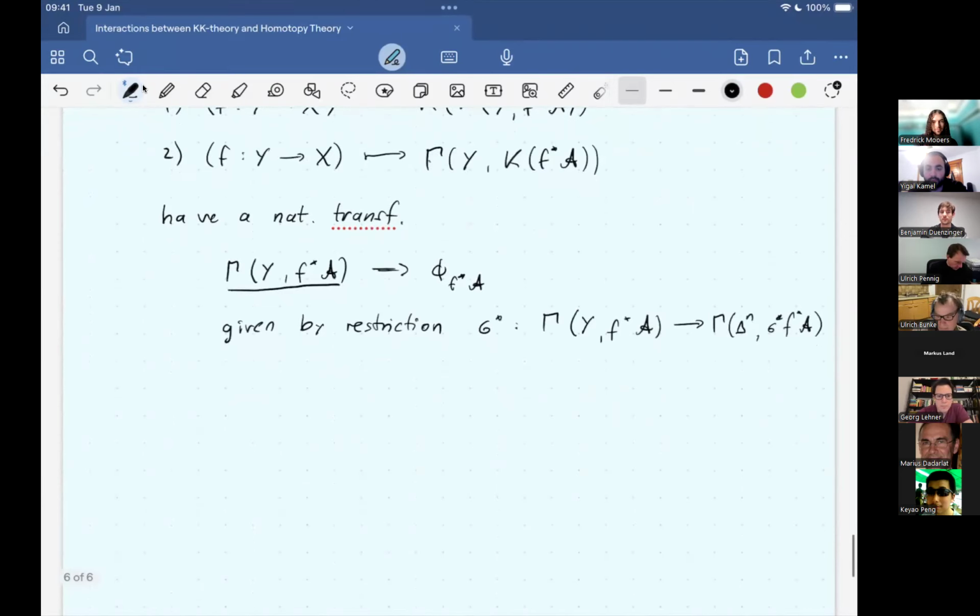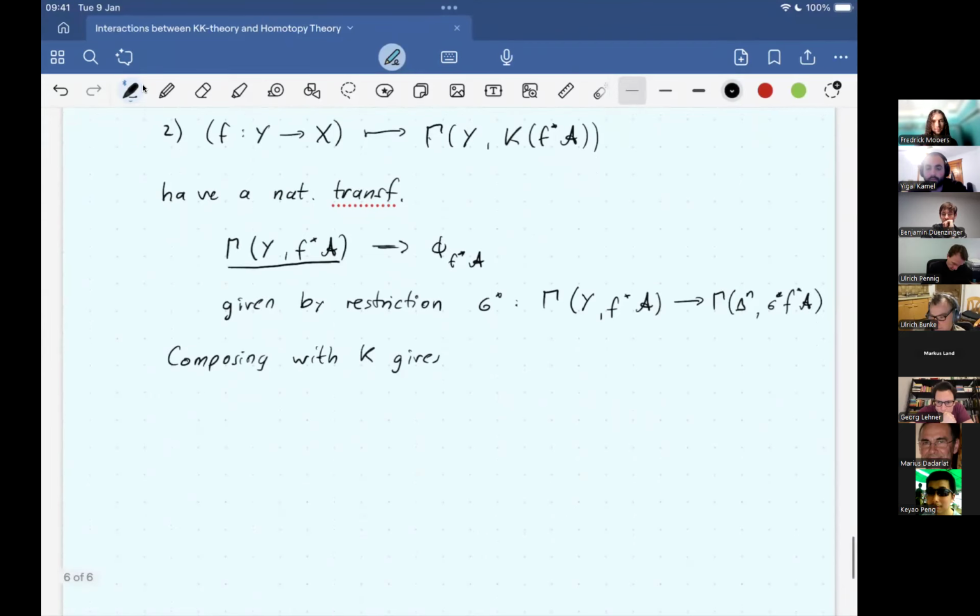And then composing this with K gives a natural transformation from this to this.